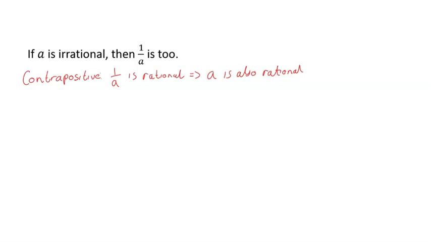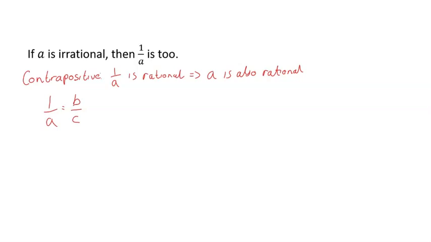Now we have to remember what it means to be a rational number. If 1 over a is rational, then it's of the format b over c. But what we've got to remember is that b and c have no common factors whatsoever.